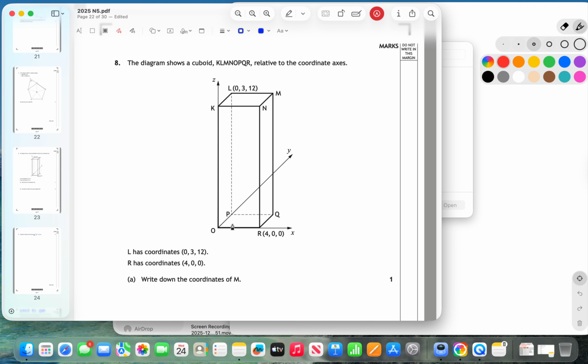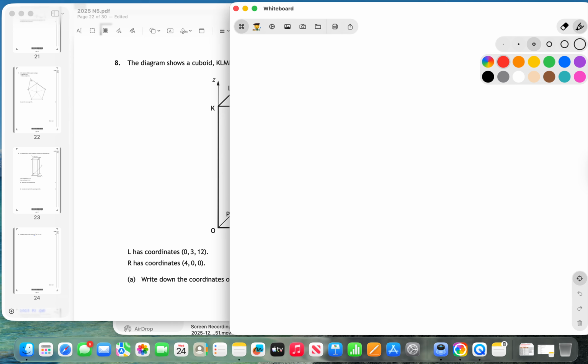So we know that we have the origin O, and R is (4, 0, 0). What that means is to go from O to R, you go along 4 in the x-axis in the positive direction.